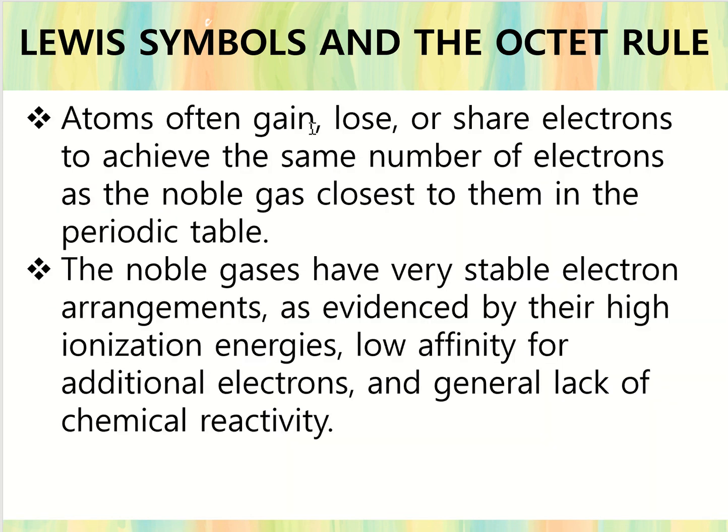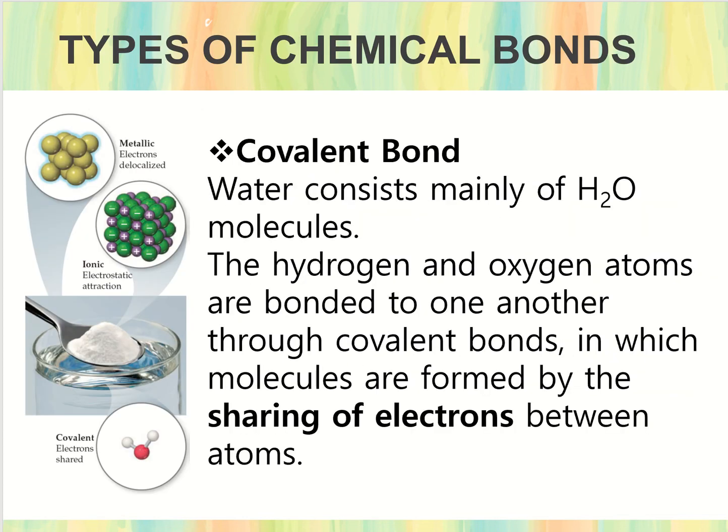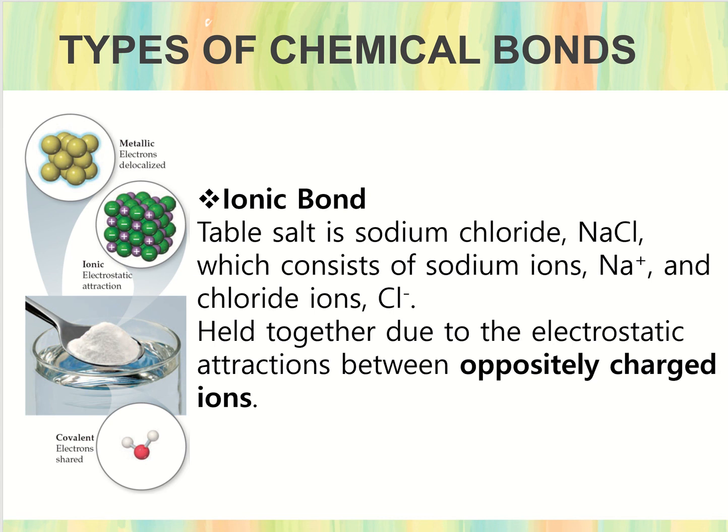So atoms often gain, lose, or share electrons to achieve the same number of electrons as the noble gas closest to them in the periodic table. So let's look back at sodium chloride, when we're talking about ionic bonding, right?